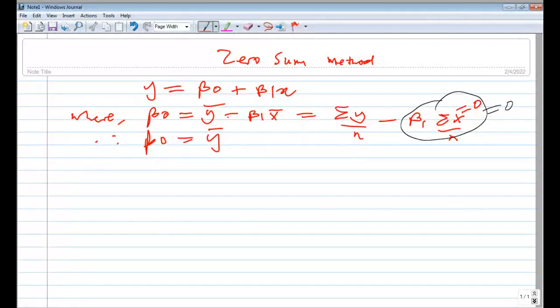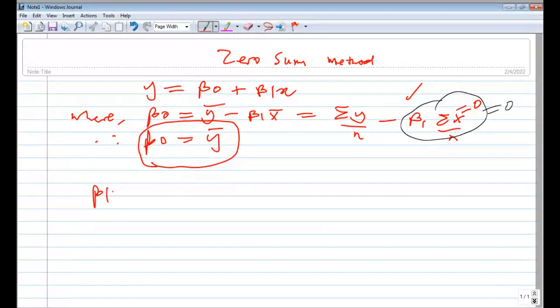In other words, when you want to fit a regression line using the zero-sum method, to calculate the y-intercept, which is beta 0, you just use this formula. So that formula reduces to beta 0 equal to y bar. You don't have to worry about all those other things. Just go to beta 0, then you use y bar. That is how you find your y-intercept, only if you are fitting a regression line using the zero-sum method. Are we together?